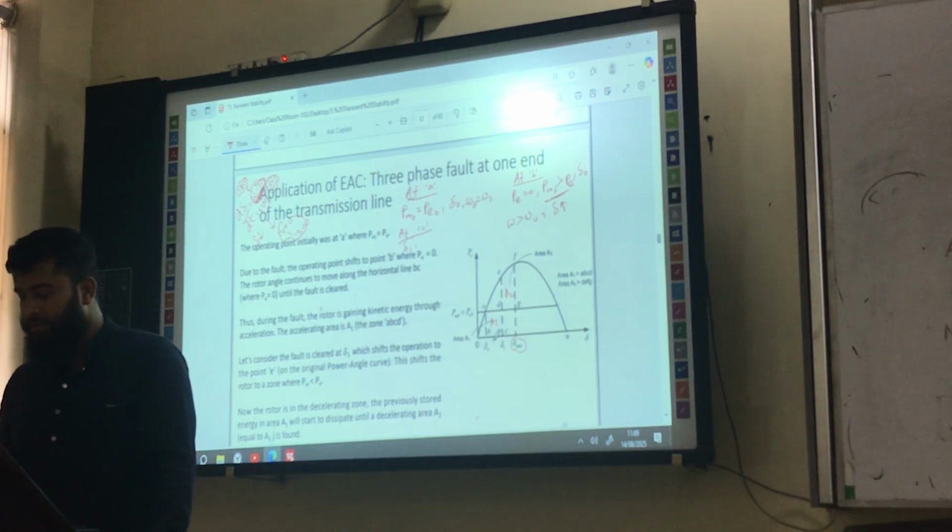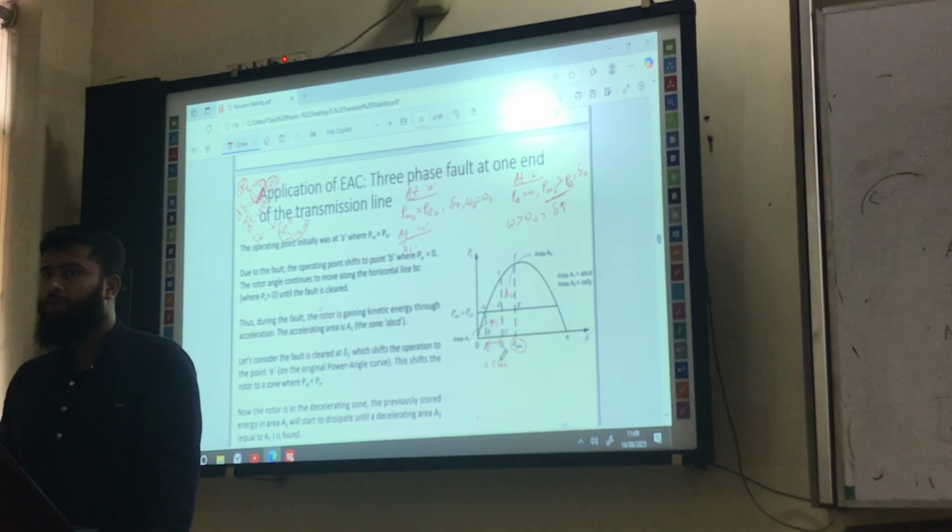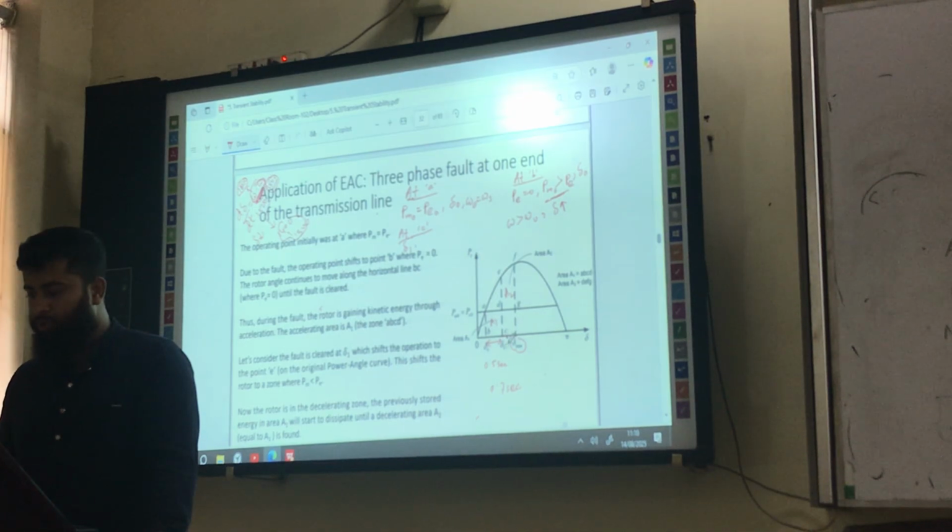Let's say previously the fault was cleared at point C, from B to C. Let's say this is equivalent to 0.5 seconds. Let's say in another case our fault clearing time is 0.7 seconds. What does it mean? The fault will clear at a further point than this C, right? Now this C prime will be our fault clearing point.